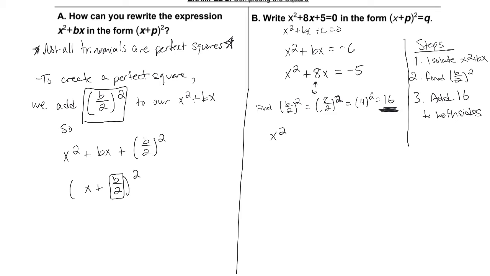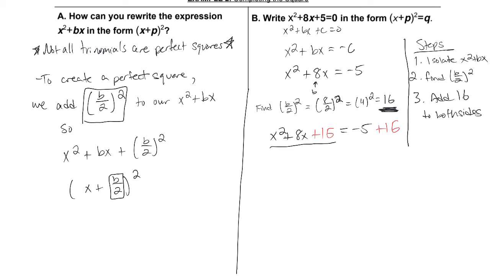So x squared plus 8x plus 16 equals, we had negative 5 on the right side, and then again we need to add 16. Now we have a perfect square on this side.